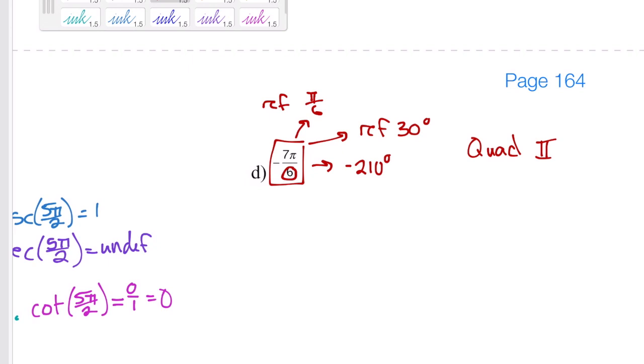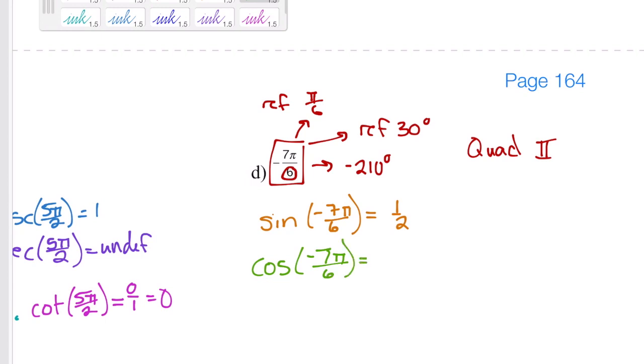So then my pi over 6, or my 30-degree finger, is my pointer finger, so I'm going to put that finger down. So my sine of negative 7 pi over 6 is going to be 1/2, since I'm looking at the right side of my finger. And because I'm in quadrant 2, that's going to remain positive. And then cosine of negative 7 pi over 6, that looks disgusting, we're going to get over it, would be square root 3 over 2, and because I'm in the second quadrant, that would be negative.